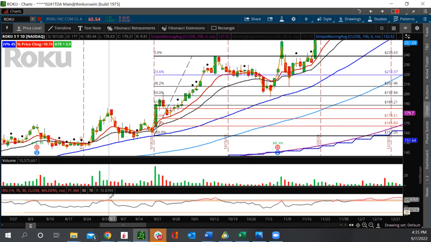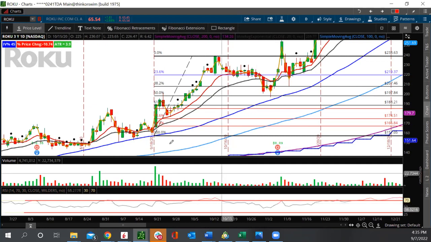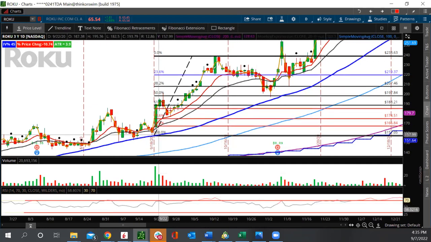When something goes above that 70 level, it's considered overbought. If it drops below the 30 level, it's considered oversold. So if you throw your fib on this move, you can see that right up here it was overbought.